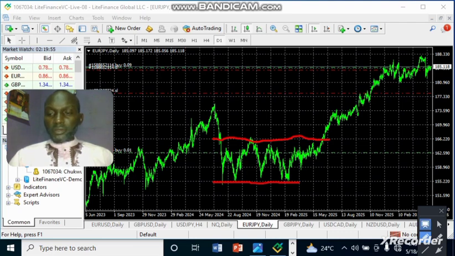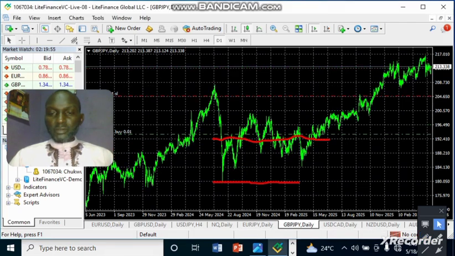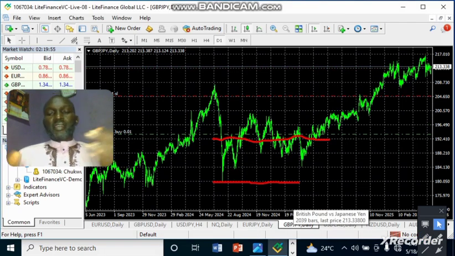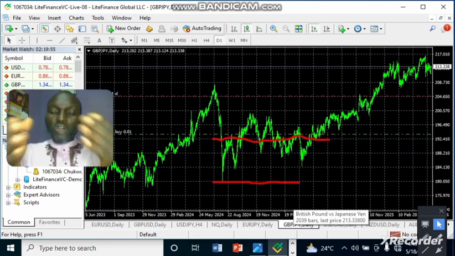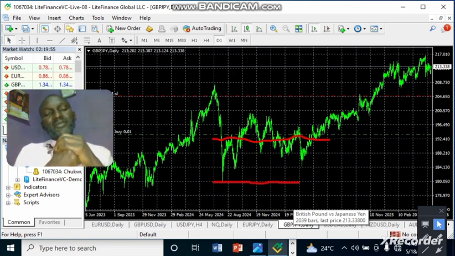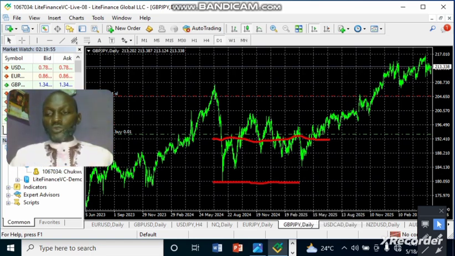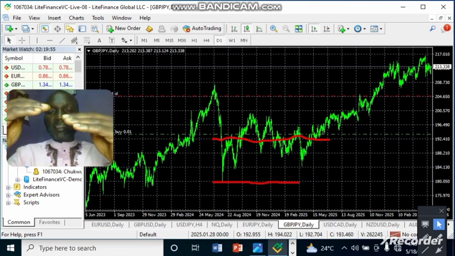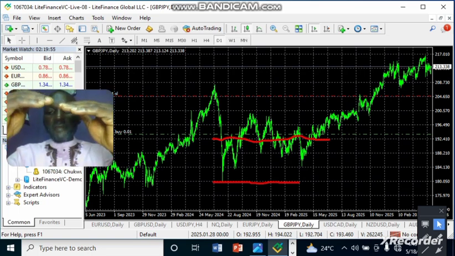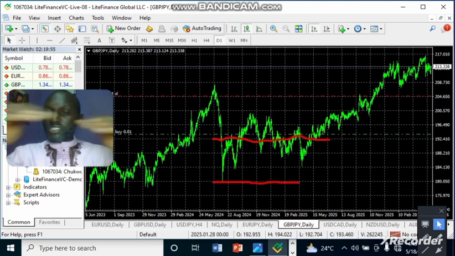Then let's check GBPUSD. At least it is almost fitted in at the same time. Can you see what we are trying to explain? They are almost fitted in at that same support and resistance in a ranging market.